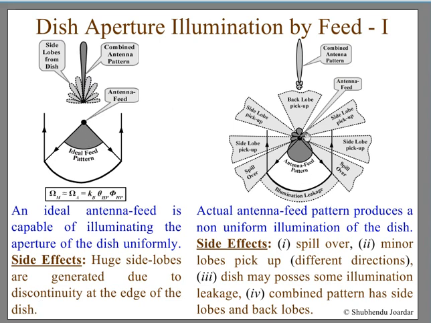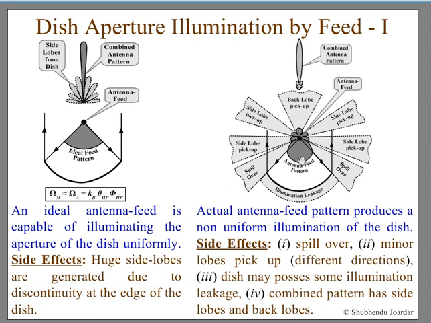Now here is something more practical. Here you have an antenna feed with a radiation pattern like this. It has side lobes and back lobes, and it also does not uniformly illuminate the dish, because at this point the illumination will be maximum, as the feed has maximum directivity, or gain, along this direction.